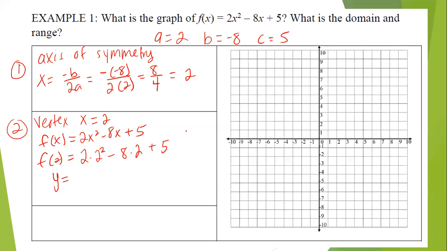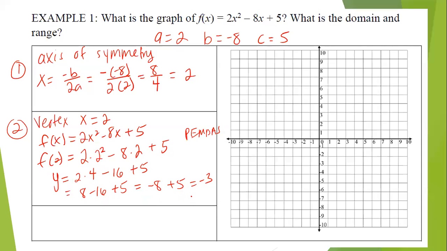So I follow PEMDAS, right? This is where PEMDAS comes into play. PEMDAS says to do my exponent first. So we have 2 times 4 minus 16 plus 5. 2 times 4 is 8, minus 16 is -8, plus 5 is -3.